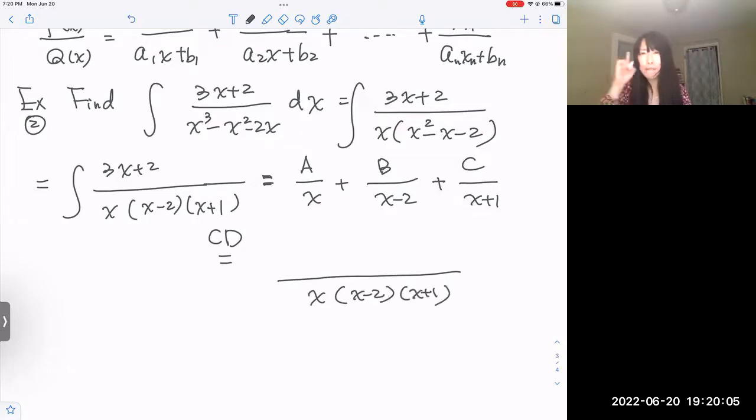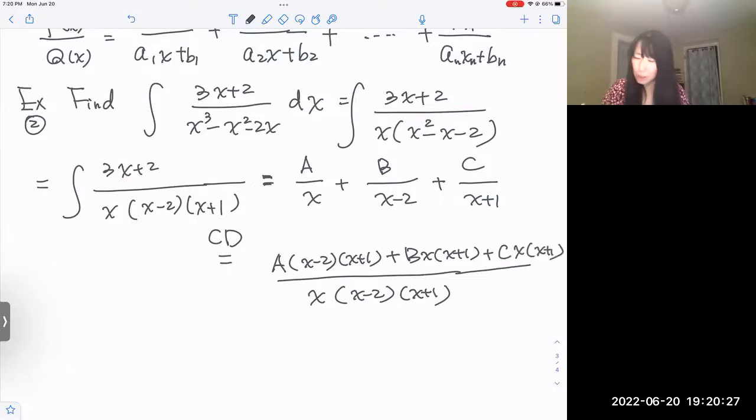Then the first fraction needs A(x - 2)(x + 1). The second fraction needs Bx(x + 1), right? Then the third one needs Cx and (x - 2). Please correct me if I make a mistake.